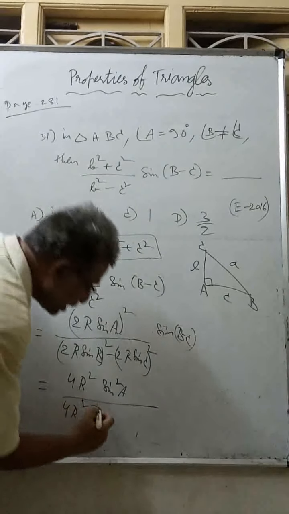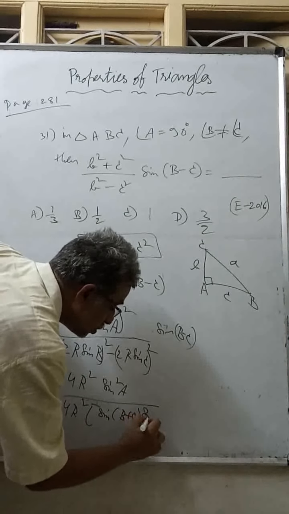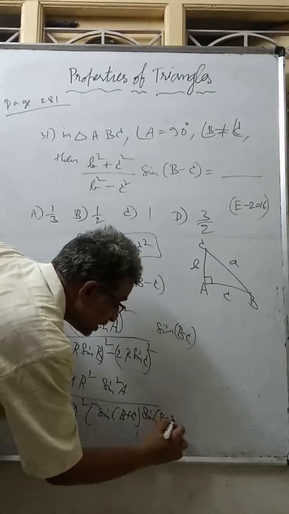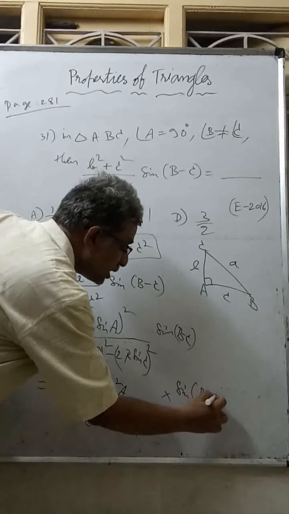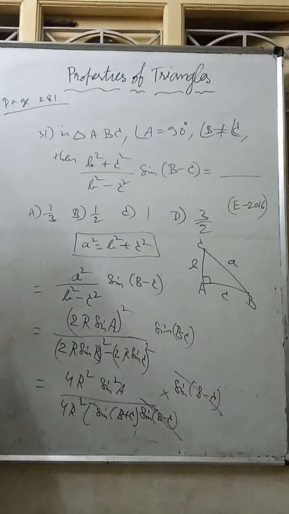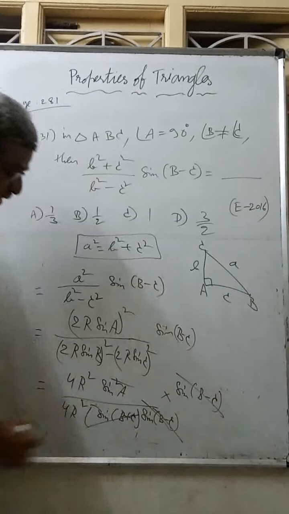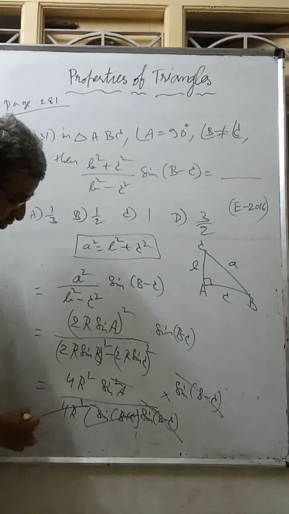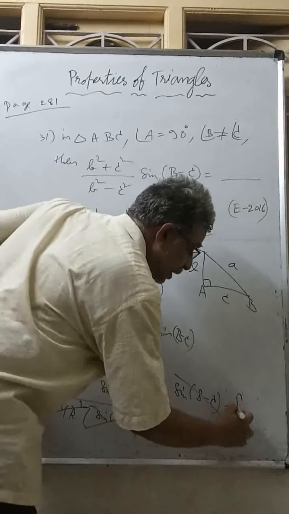So I will write that, sin of B plus C into sin of B minus C, into this sin B minus C, so that this sin B minus C cancels. Sin B plus C is sin 180 minus A, so sin A itself. So one sin A cancels, and 4r square cancels. So left out is simply sin A.